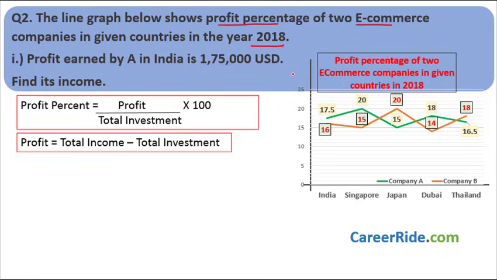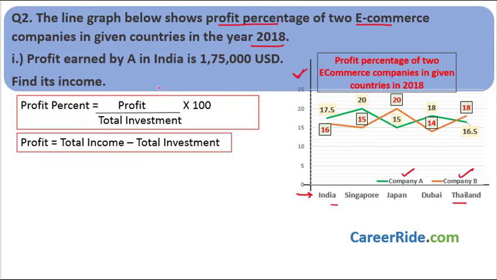In this particular graph there are two companies, company A and company B, operating in countries like, look at the x-axis, India, Singapore, Japan, Dubai, Thailand, and while operating they make some profit, and the profit percentage is given to you in the graph.